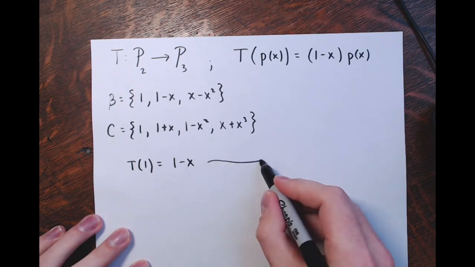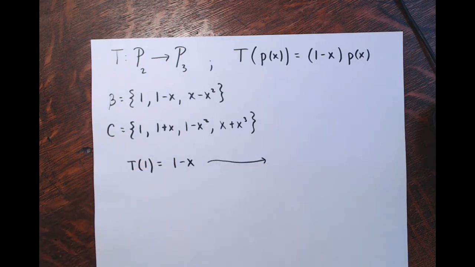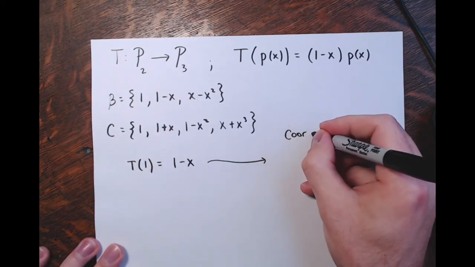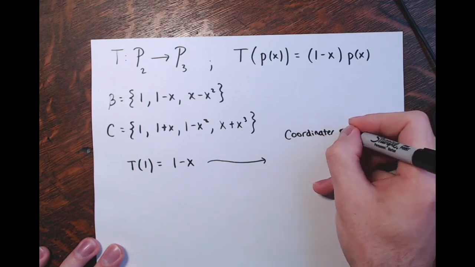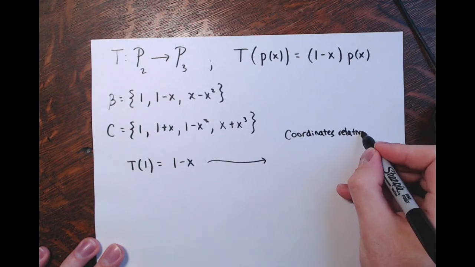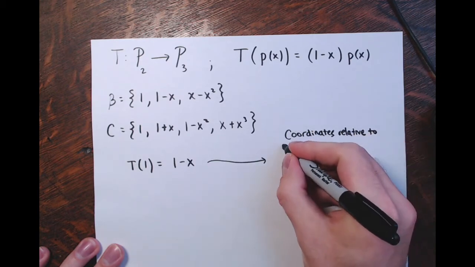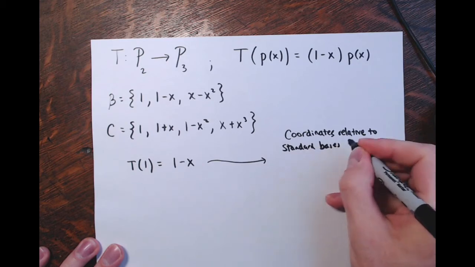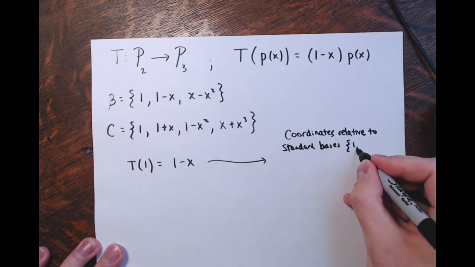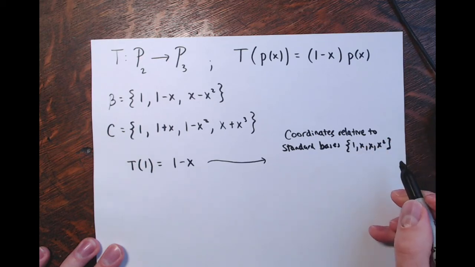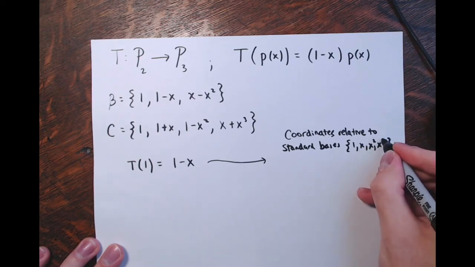Now again, when I write the columns of a matrix in my augmented matrix, I'm going to be putting it into reduced row echelon form in a second. Over here, I'm going to write the coordinates relative to the standard basis for P3, which would be 1, x, x squared, and x cubed.